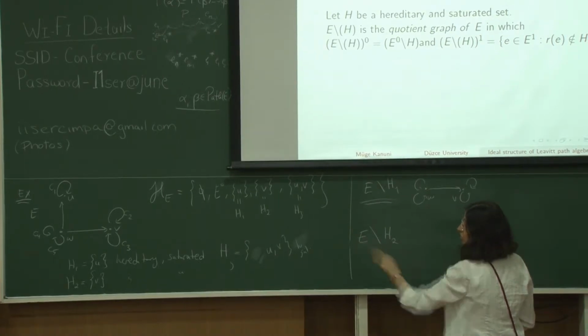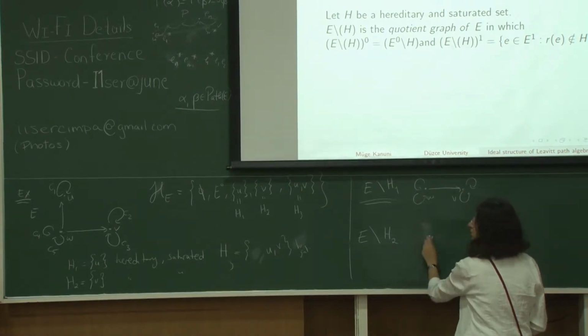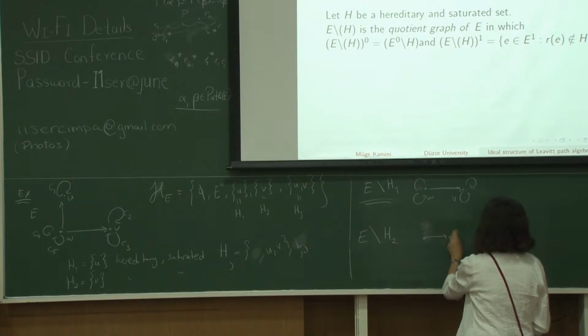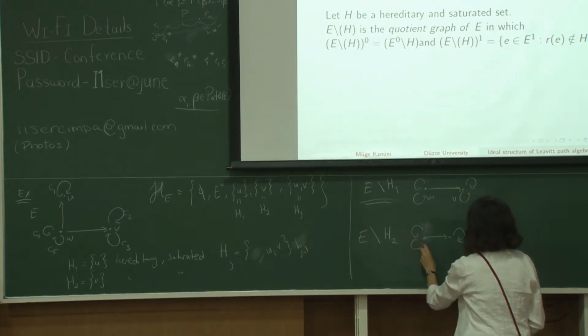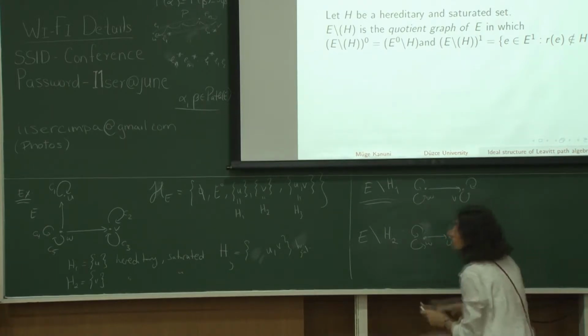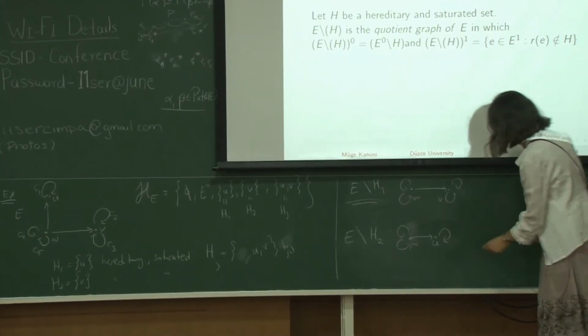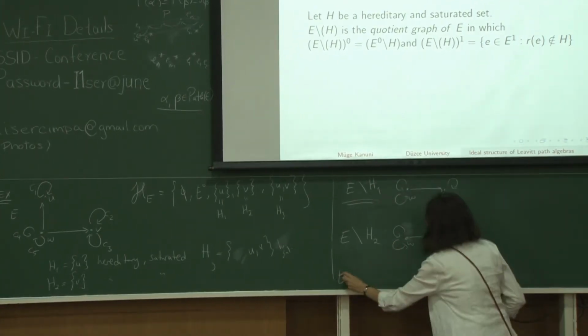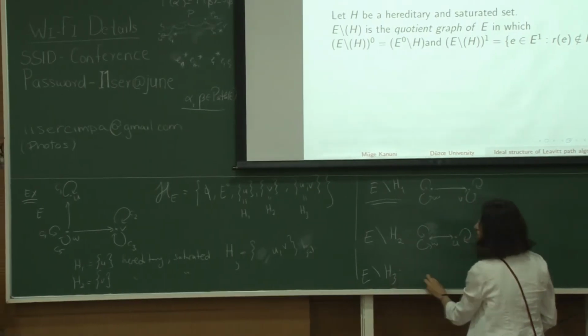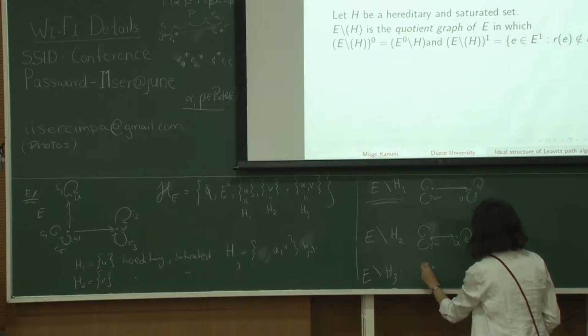If you want to get rid of B, then you're going to get this. And U here. So I got rid of the U part and all the edges that end in B. And finally, for H3, I get rid of the two tails. So I'm left with the rest.